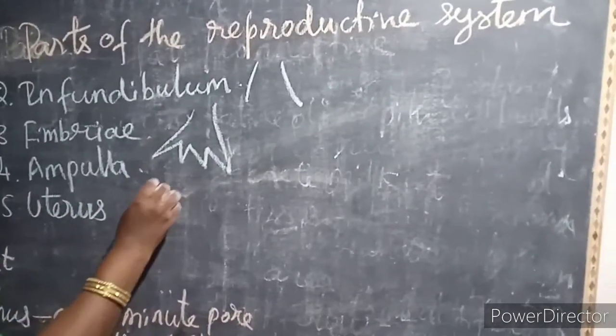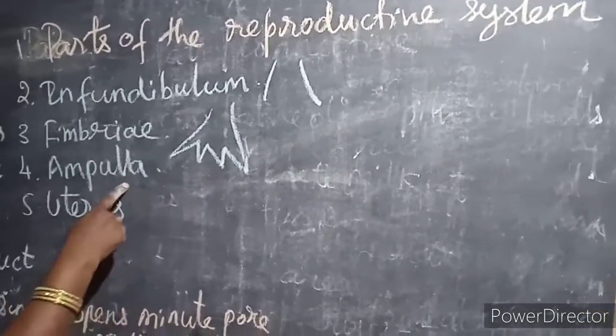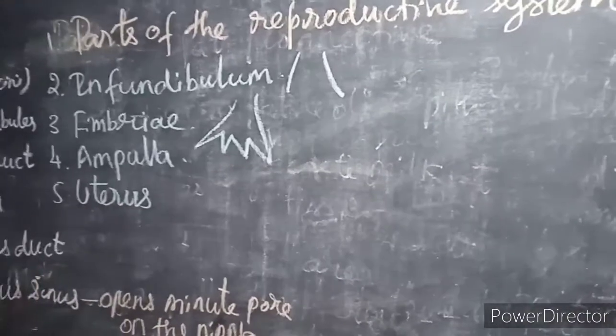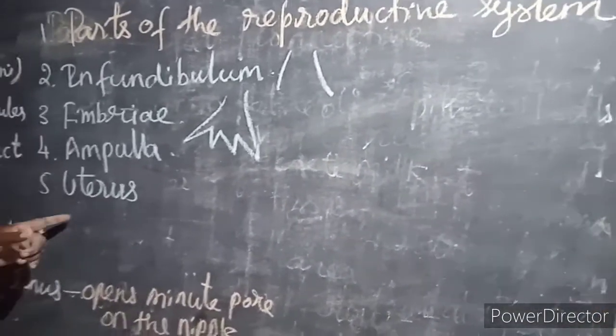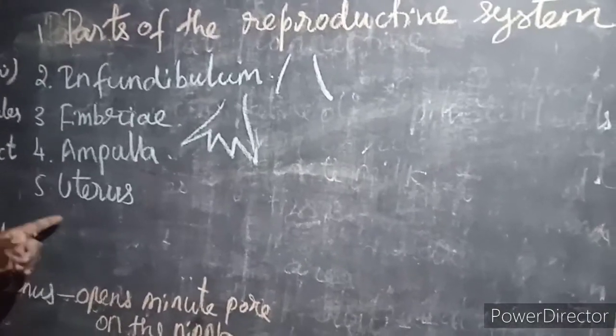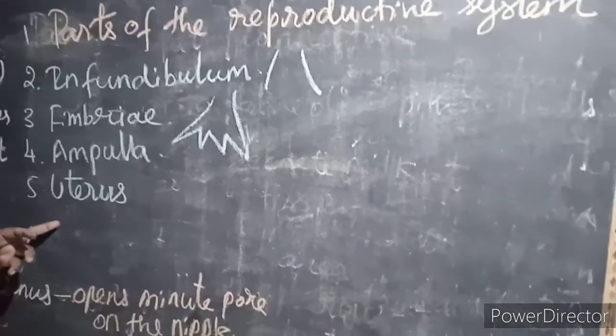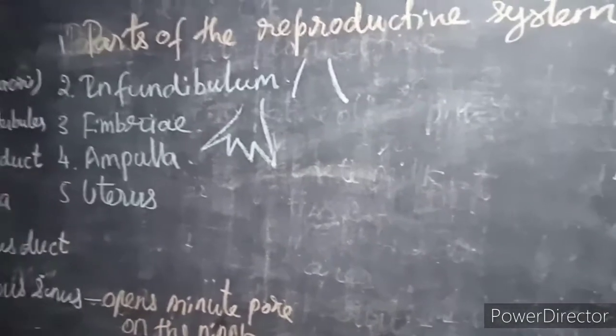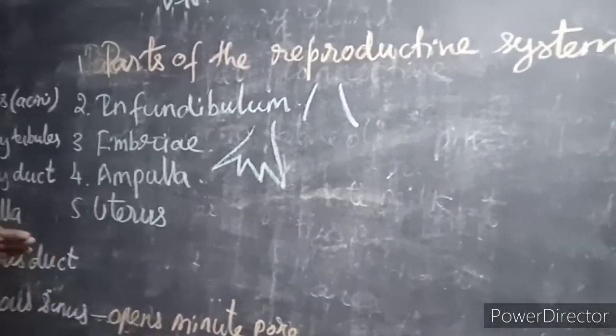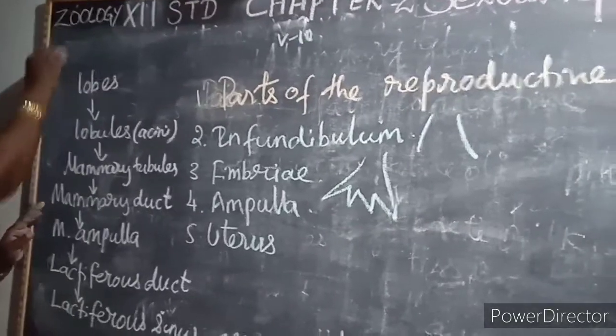Then the wider portion of the oviduct is called the ampulla. Then in the uterus, the larger part is called the body, and the upper part is called the fundus. It is formed of 3 layers. What are the 3 layers of the uterus? Perimetrium, myometrium and endometrium. Then coming to the mammary gland.